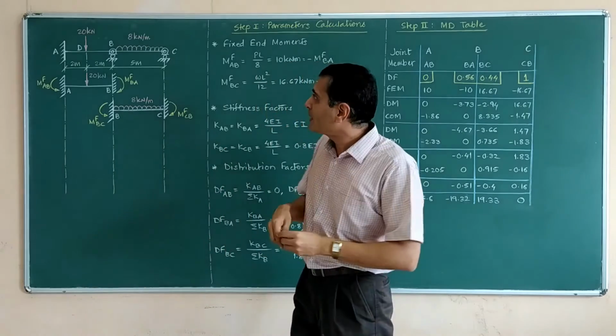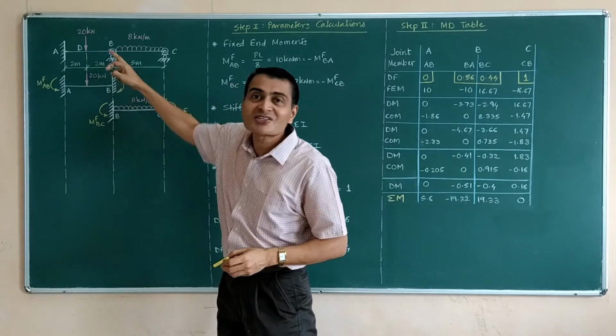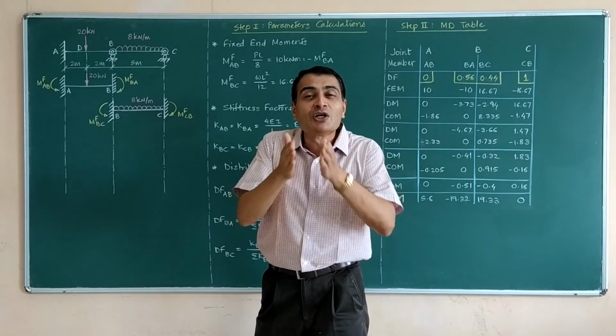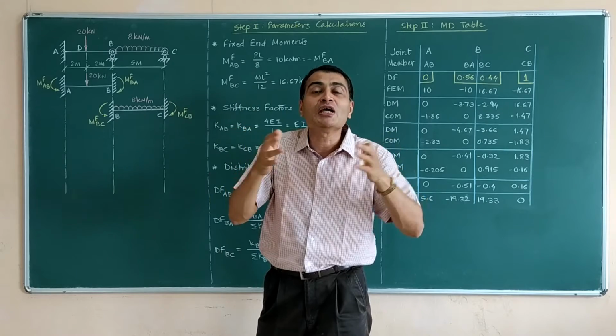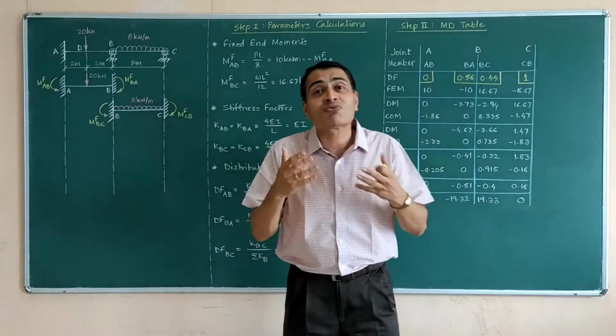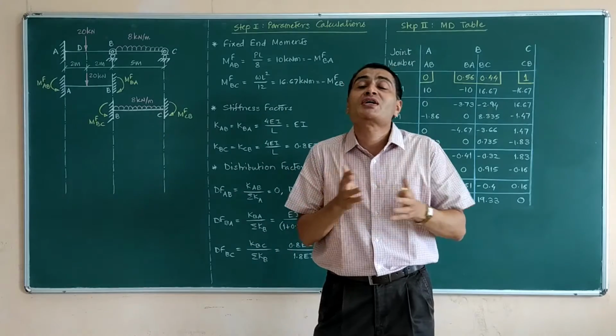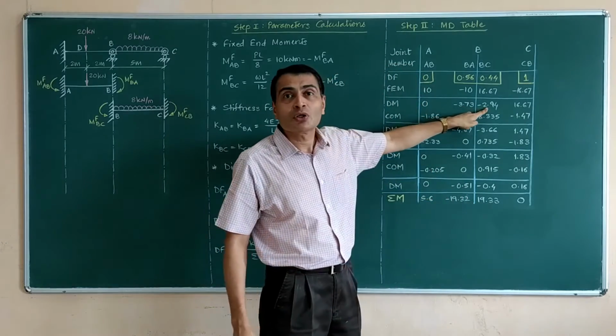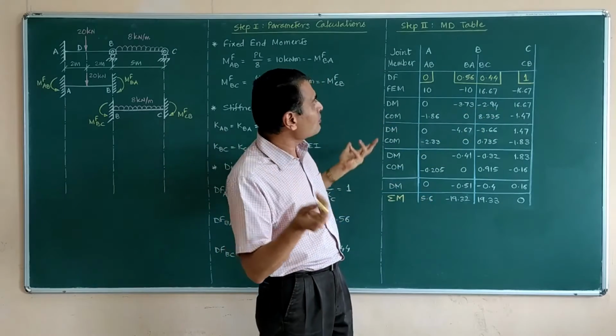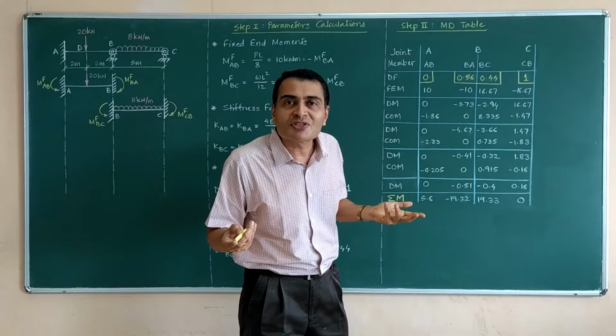Now what will happen when I apply negative 6.67 at joint B? It will get distributed in member BA and member BC in proportion of distribution factors 56% and 44%. So that is what I have written here. You may be wondering where this negative 3.73 is coming from.